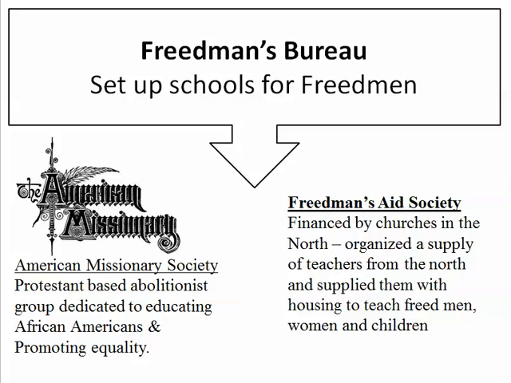The Freedmen's Bureau had help from the American Missionary Society, which was a Protestant-based, church-based group that came from the North, who were abolitionists, and they were dedicated to coming down south to educate African Americans and promote social equality and helping them get the education they needed. Now, it's the American Missionary Society that actually established the Freedmen's Aid Society, which was another group that came down from the North.